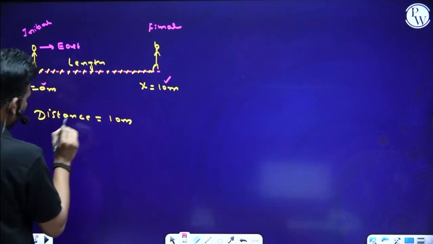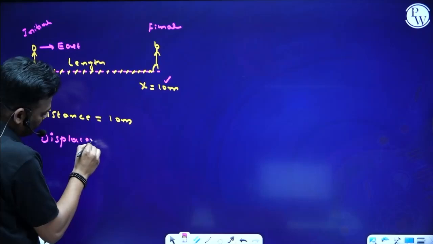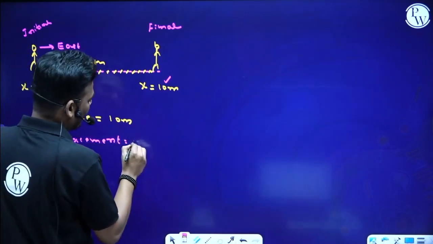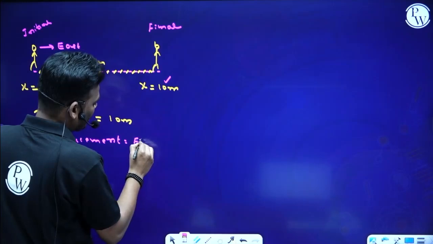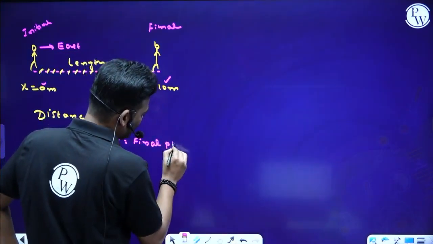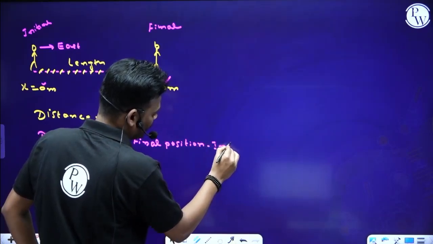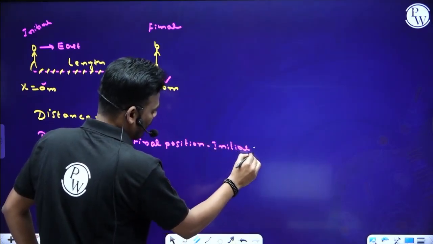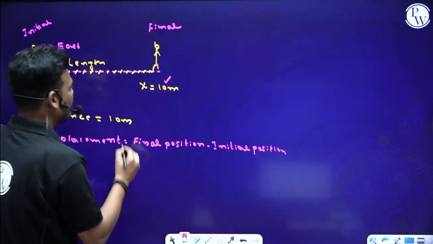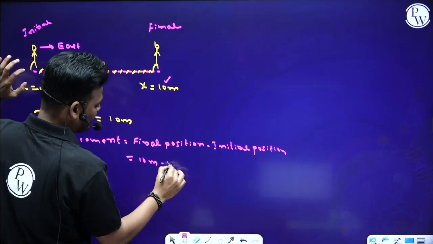So if I consider displacement, displacement is nothing but final position minus initial position. What is the final position? Here, let's consider this is 10 meter and the initial position is 0 meter.